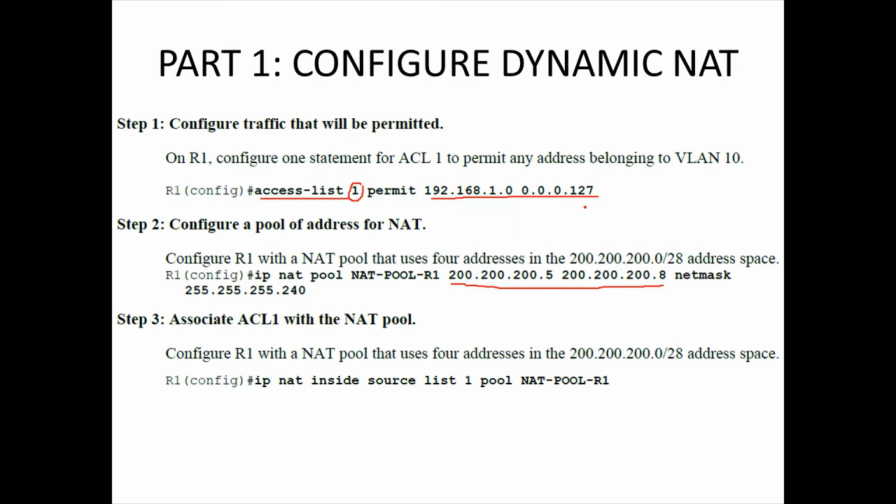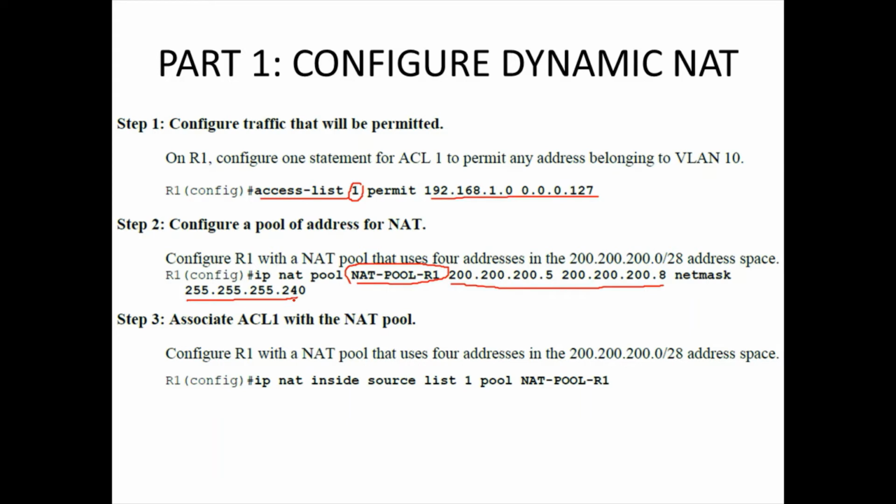Now the next step is we need to configure a pool of addresses. The command is ip nat pool, and notice that I use the capital letter here: NAT pool R1, I give the name, and then we need to give a range. I decided to have 4 public IP addresses, from .5 until .8, and remember we need to specify the subnet mask.